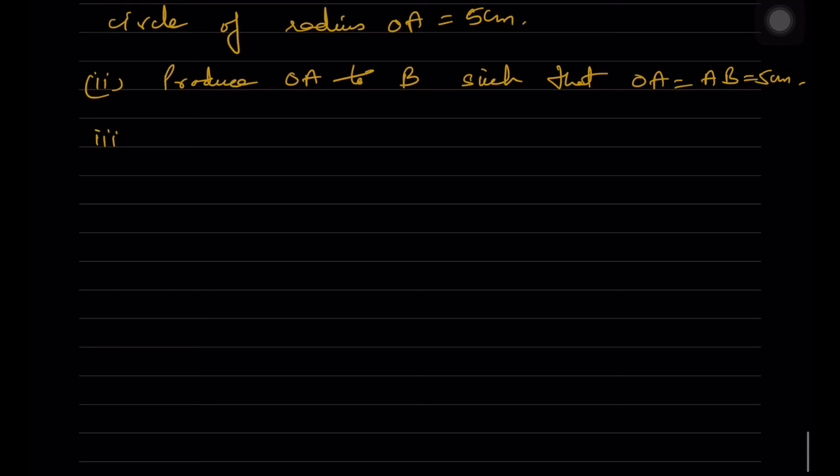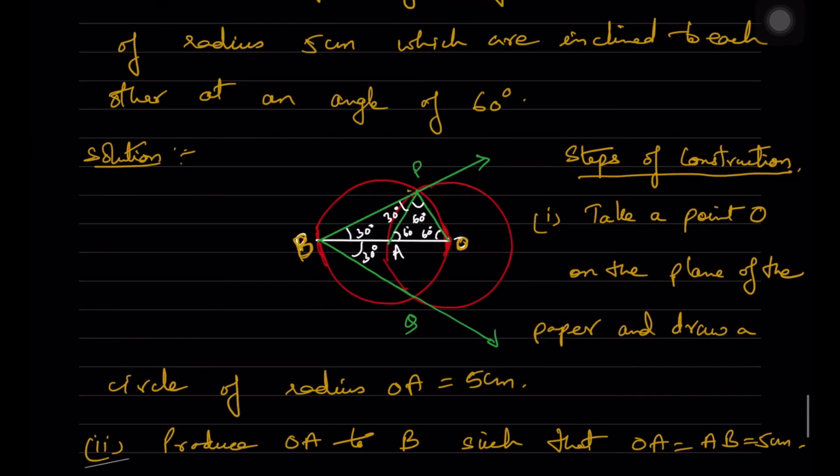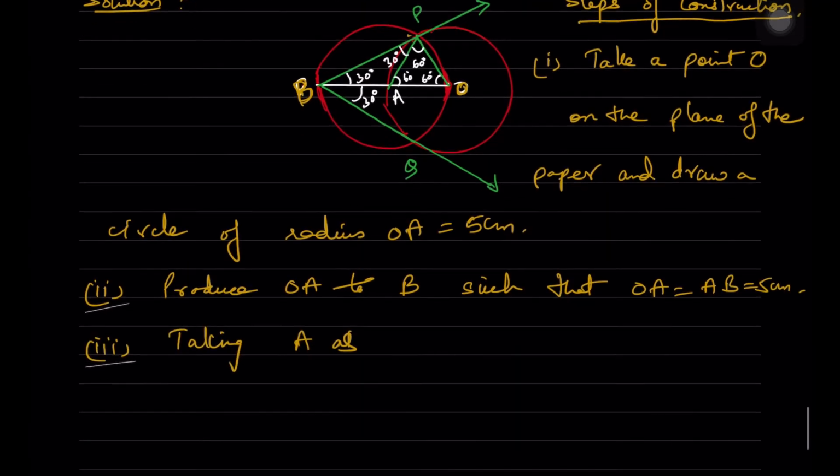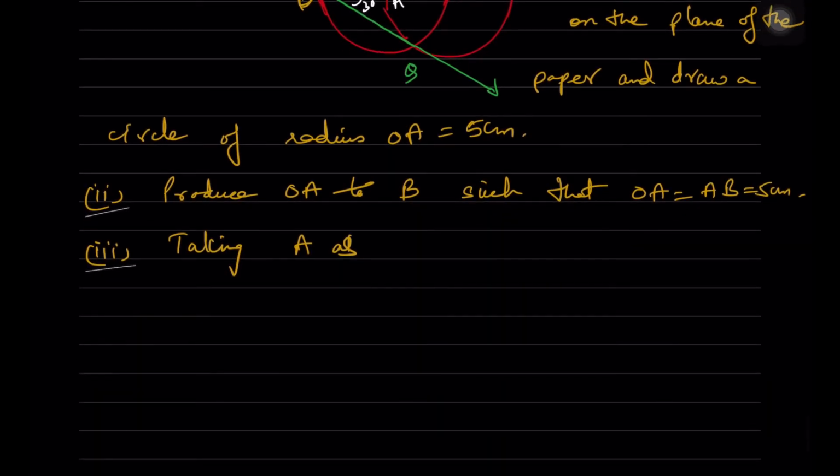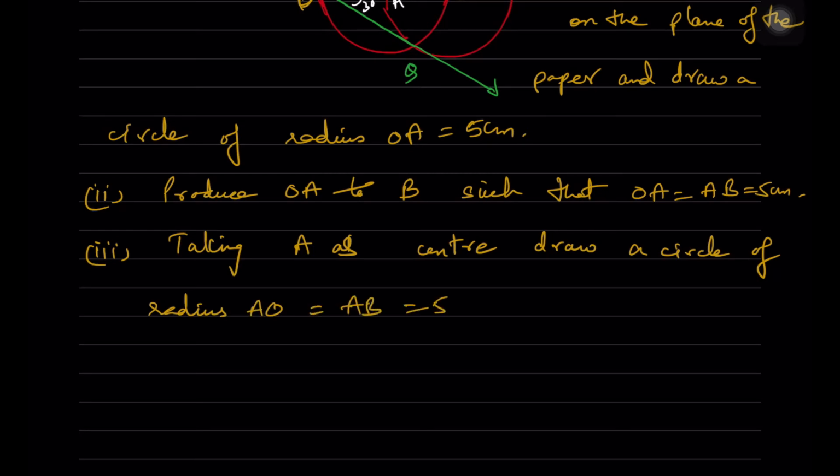Now third, taking A as center, draw a circle of radius AO equal to AB equal to 5 centimeters.